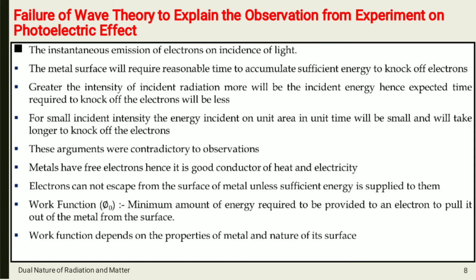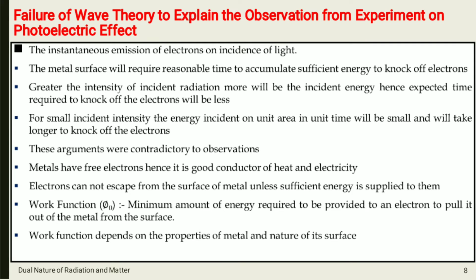The metal surface will require reasonable time to accumulate sufficient energy to knock off electrons. This is the consideration: when light is incident on a metal surface, it will take some time to knock off the electron from the metal surface.